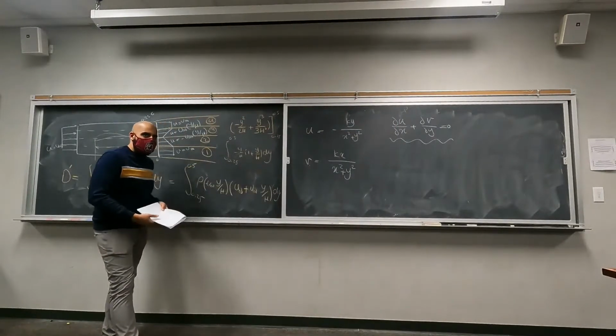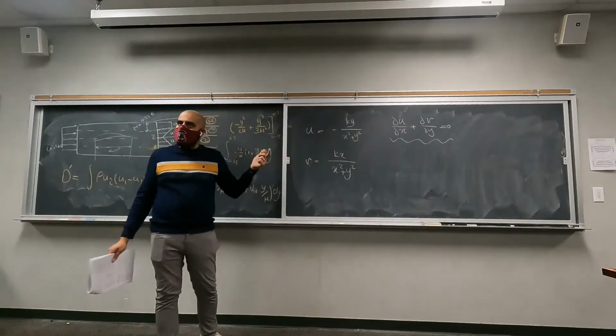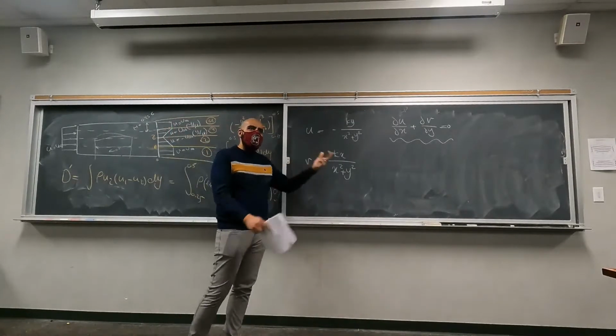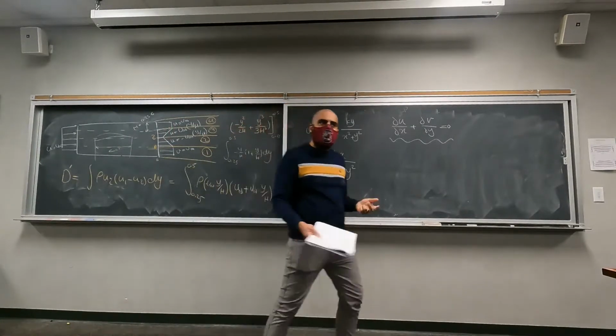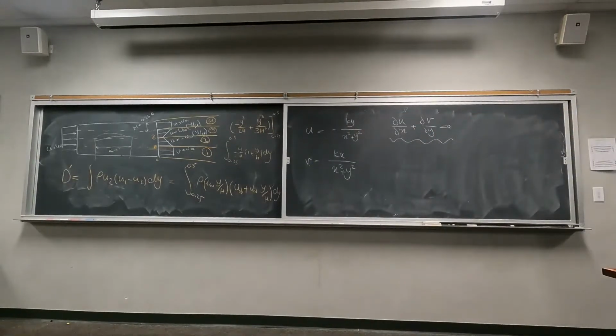You just have to take the derivative of u and v and then add them together. You should get a 0. If you don't get a 0, your flow is not incompressible. Do we need to take these derivatives? Is there anyone who doesn't remember how to take this derivative? Okay, that's good.